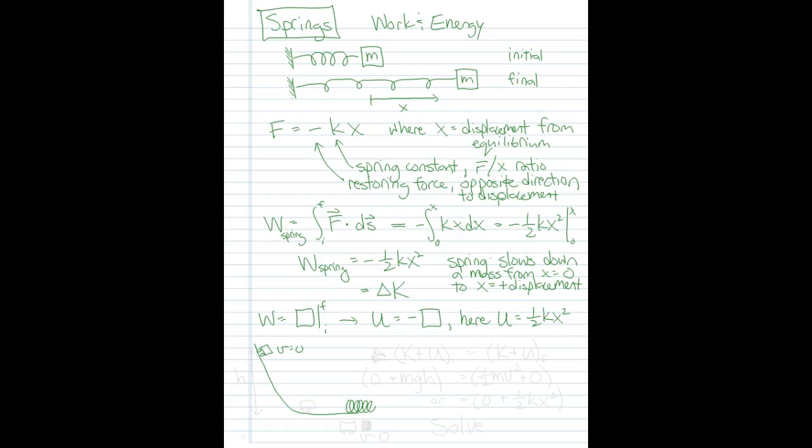For example, if you start at the top at some height h above the spring, then you start with K plus U initial equals K plus U final. Initially we have no kinetic energy, plus we have an energy of mgh due to gravity, and afterwards we have some 1/2 mv squared plus now nothing due to gravity.